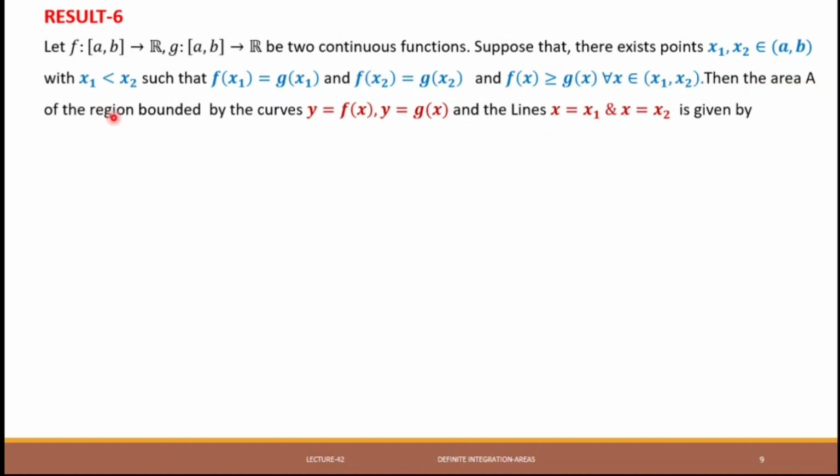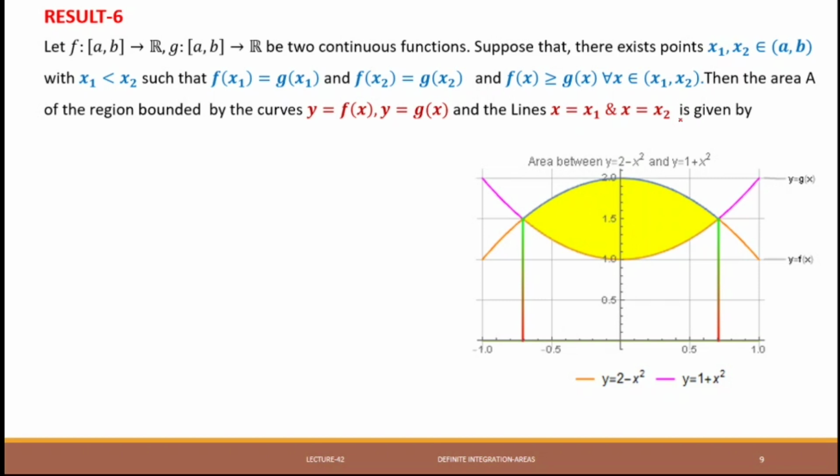Then the area A of the region bounded by the curves y is equal to f of x, y is equal to g of x, and the lines x is equal to x1 and x is equal to x2 is given by... So before having a look at the formula, let me explain the statement graphically.